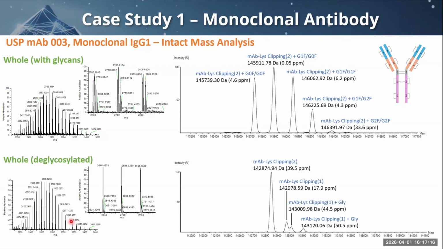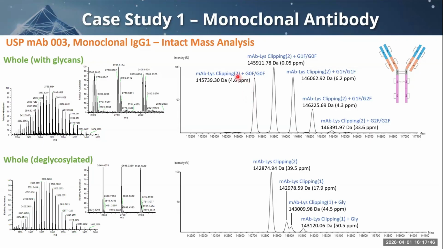On the left is our raw data. On our right, our deconvoluted spectra. If you look at the raw data here, you see multiple species. At the whole level, the deglycosylated species, there seems to be a disappearance. In order to know what they are, of course, you deconvolute. So if we look at our fully intact molecule, we see there are 5 major glycoforms detected. So we're able to resolve those species.